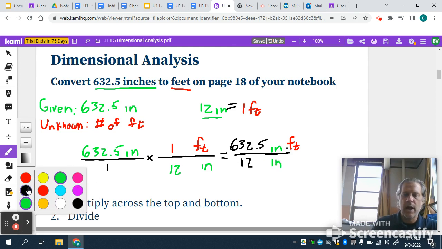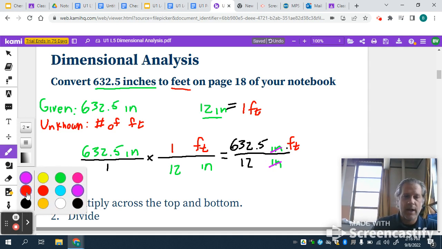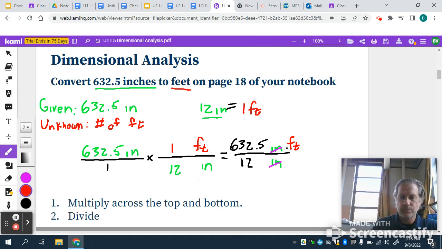At this point, I'm going to do some math and cancel out anything that I can unit-wise. I see that I have inches on the top and inches on the bottom, so I'm going to cancel them out. Now I'm going to take 632.5 divided by 12 on my calculator, and I get a value of 52.78, and my unit is feet.